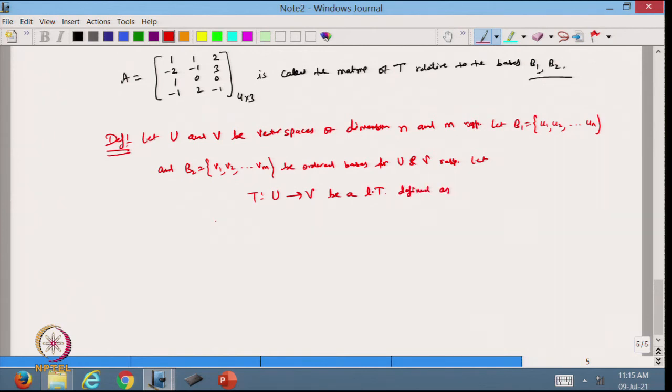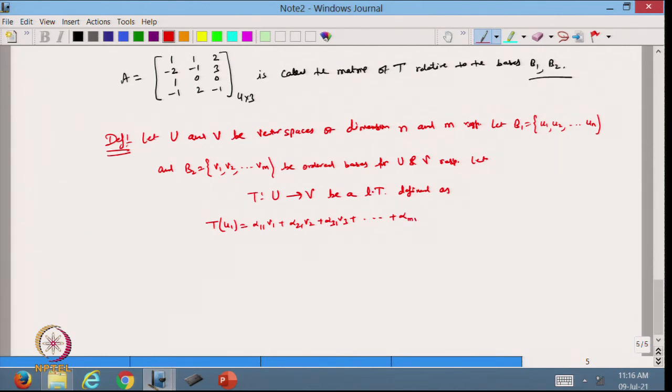It is defined like this: T of U1 equals alpha 11 V1 plus alpha 21 V2 plus alpha 31 V3 and so on, plus alpha m1 Vm, because we have m vectors here.